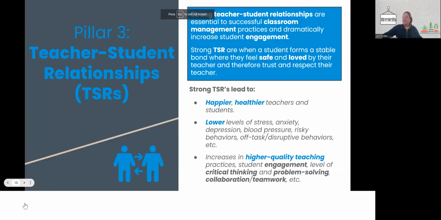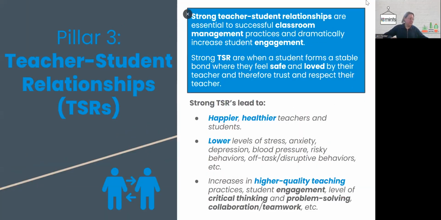All right, thank you. So moving on to pillar 3, this is teacher-student relationships. And if you remember back to the diagram of the pillars earlier, both praise and inductive discipline both support the formation of teacher-student relationships.